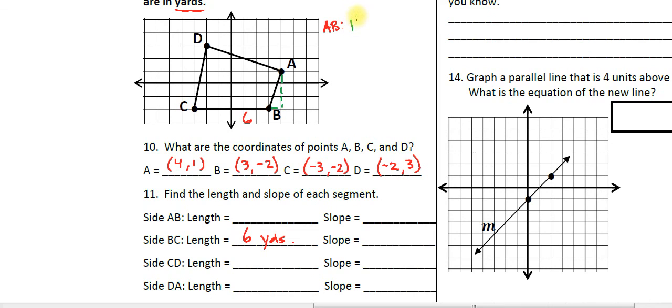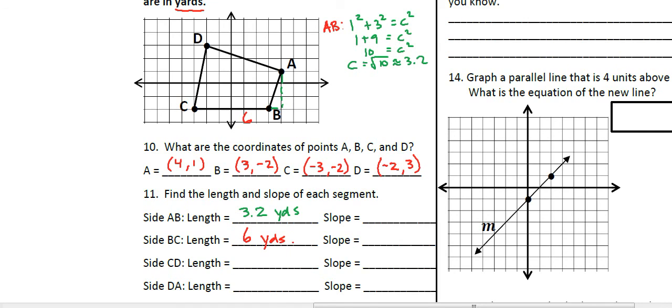That means it's going to be 1 squared plus 3 squared equals c squared. 1 squared is 1, 3 squared is 9, so 1 plus 9 equals c squared, and that means 10 equals c squared, so c is equal to the square root of 10, which is approximately 3.2. So my length for AB is approximately 3.2 yards.